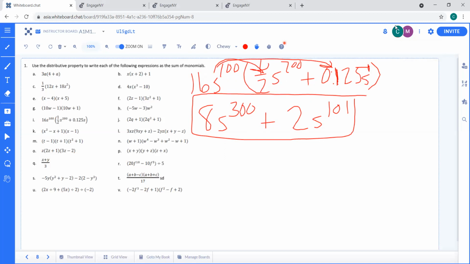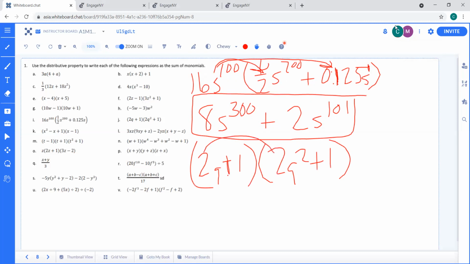Not doing anything fancy. I'm doing the same thing over and over again. 2q plus 1 times 2q squared plus 1. All right. First, it'll be 4q to the third.